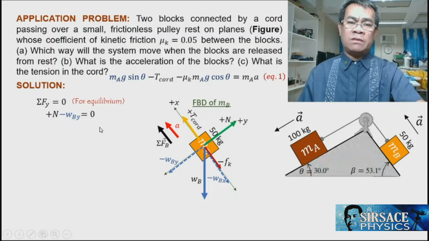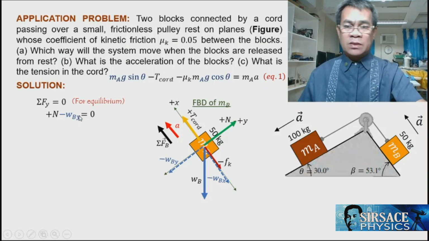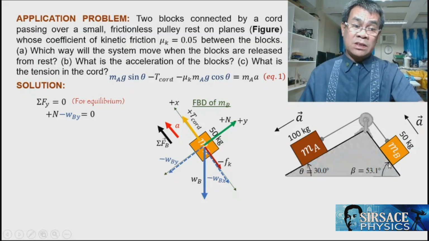Now, in that process, our forces along Y are the normal force and the component of W along Y, which is negative. Then take note, going back to our previous solution, the component of WB along Y is W cosine beta, because this is the angle beta.